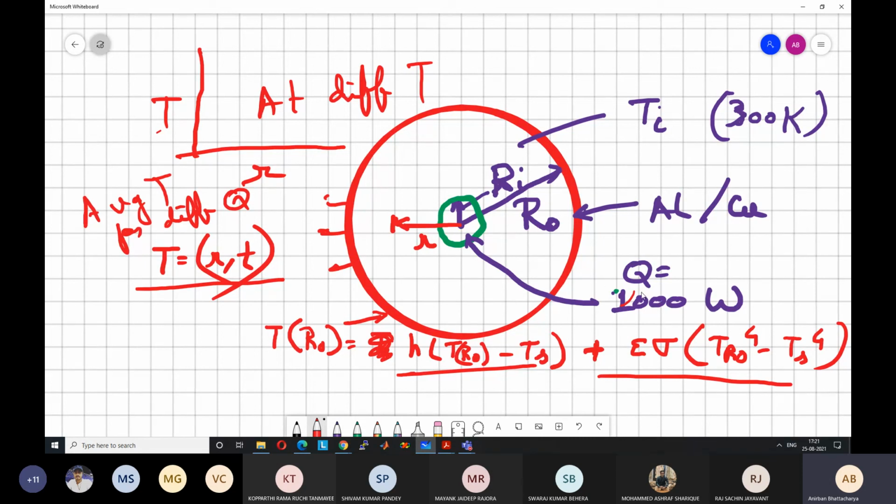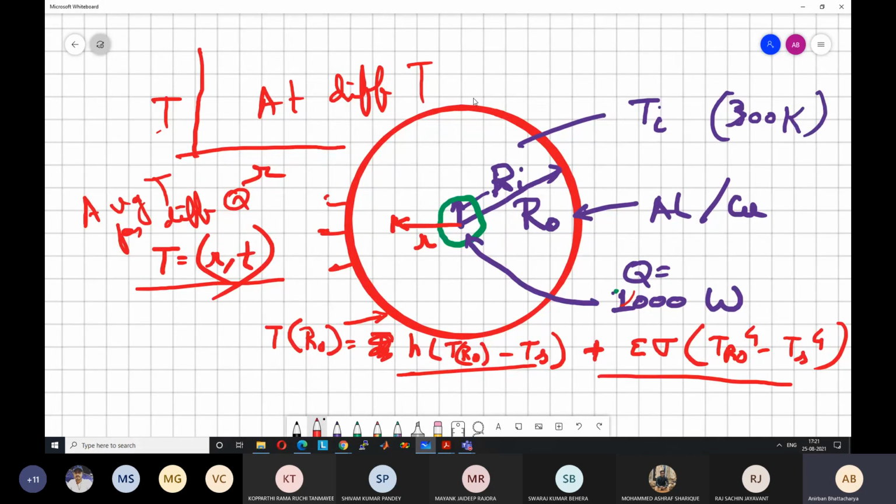For that entire thing, we have 100 watt, or 1000 watt, of power. At steady state, the heat that goes out is also 1000 watt. So your 1000 watt will get divided by the number of grid points, and for each grid point you will be able to find out the heat flux.